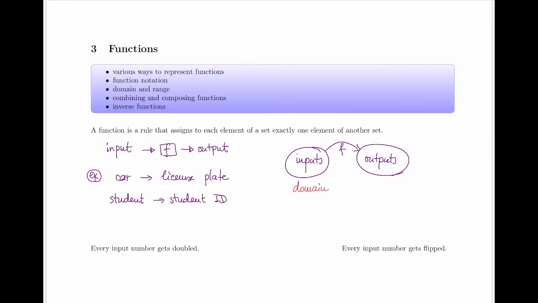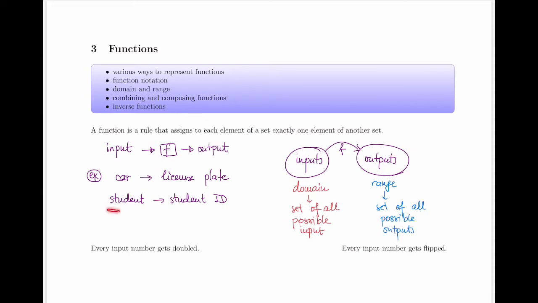And the set of all possible outputs is called a range. So let's just make it clear. Domain, set of all possible inputs. And range is a set of all possible outputs.